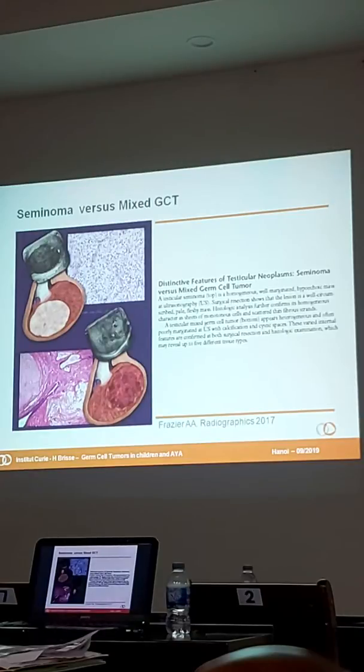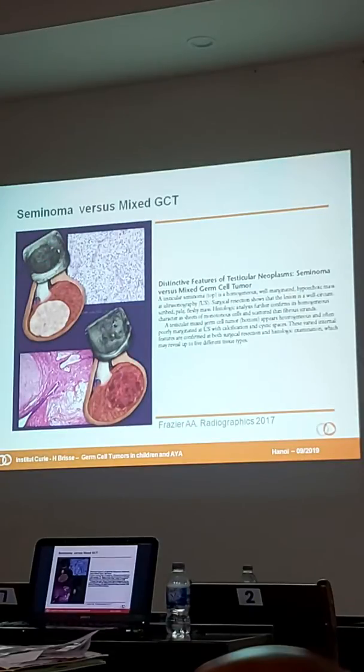So in the testicle, you can also have mixed germ cell tumor. So this is an example, just one case, a reported case. Usually the pure yolk sac tumor, the pure seminomas in testicles usually appear like homogeneous tumors, like this case.